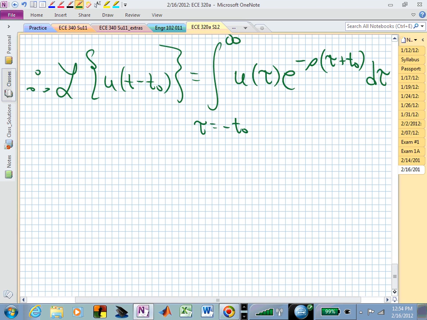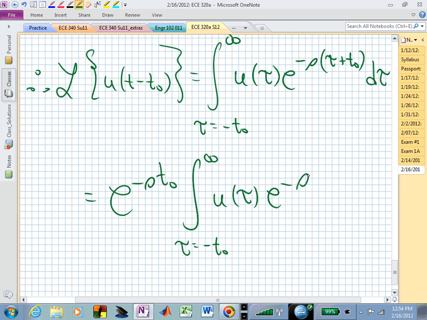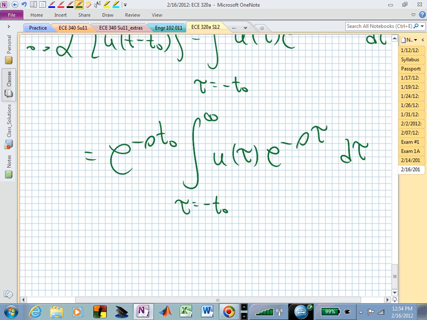We now can say that this is the same thing as e to the minus s t naught times the integral from tau equal minus t naught up to infinity of u of tau e to the minus s tau d tau. We okay with that?